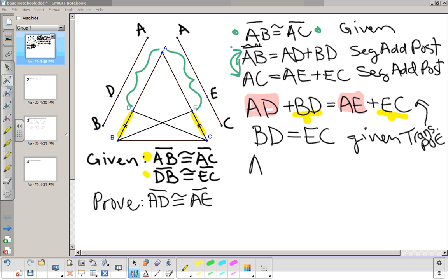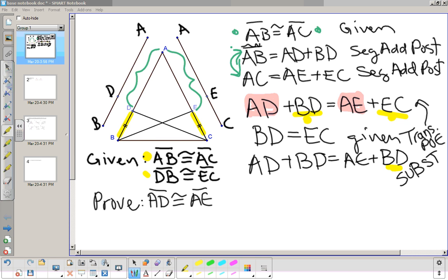So I'll have AD plus BD equals AE plus BD. And the reason I can do that is by substitution, because I'm replacing EC with BD based on that statement, substitution property of equality.